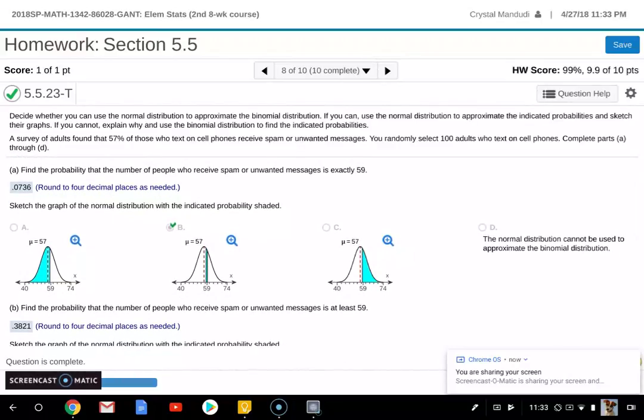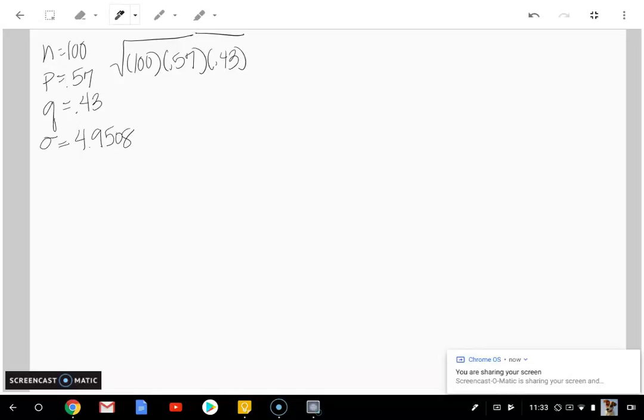It says find the probability that the number of people who receive spam or unwanted messages is exactly 59. The way to find this is you're going to get the lower value and the upper value. So you do 58.5 minus 57, and you divide this by 4.9508.